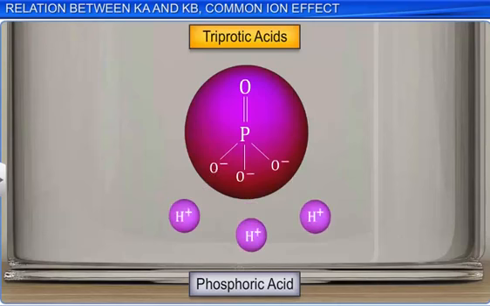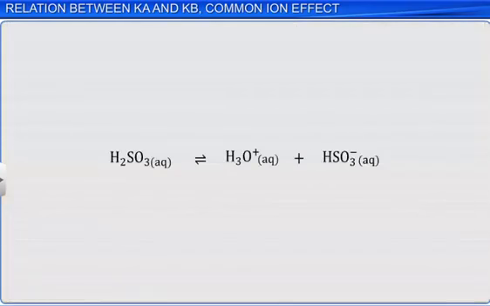Consider the ionization of a dibasic acid, sulfurous acid, in water. Its ionization can be represented in the form of an equation as H2SO3 aqueous in equilibrium with H3O+ aqueous and HSO3- aqueous.